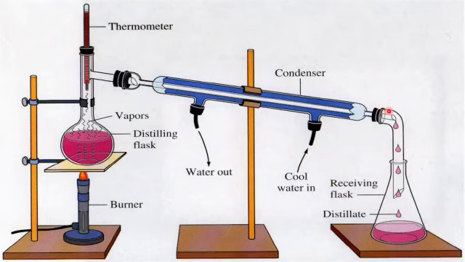Finally the receiving flask receives a liquid called the distillate, which is a pure liquid now. So this apparatus shows the process of simple distillation, and the important parts are the distilling flask, thermometer, condenser, Bunsen burner, and receiving flask.